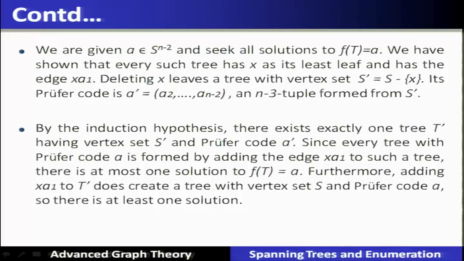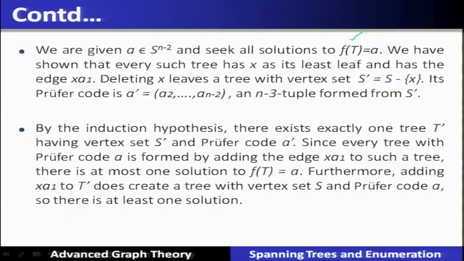Now, we are given A, which is an element in S raised to the power n minus 2, and we seek all the solutions to this mapping of T to A, and we have shown that every such tree has x as its least leaf and has the edge x A1.